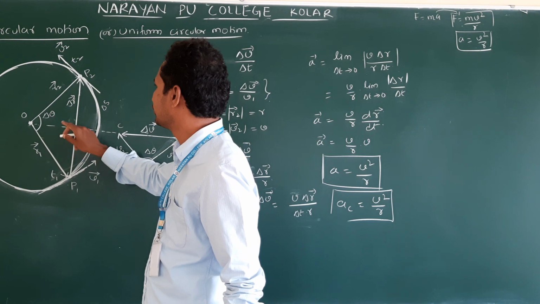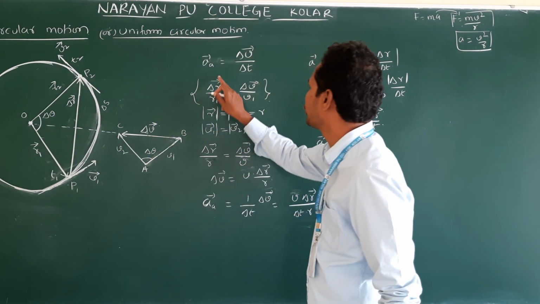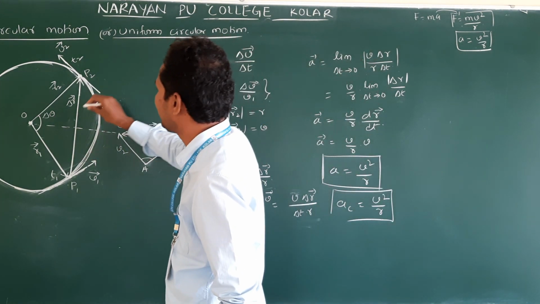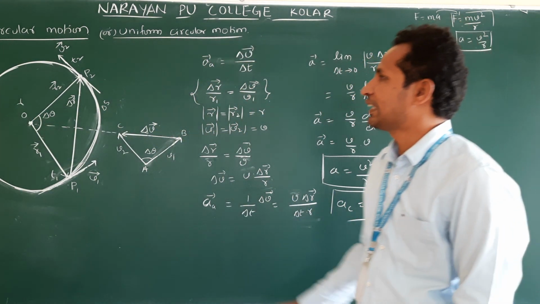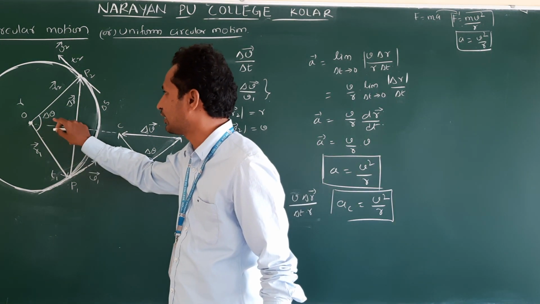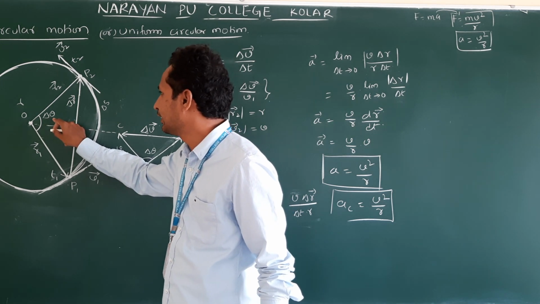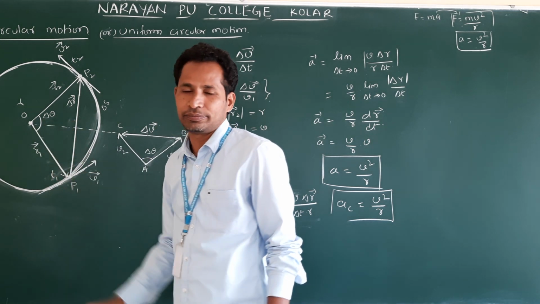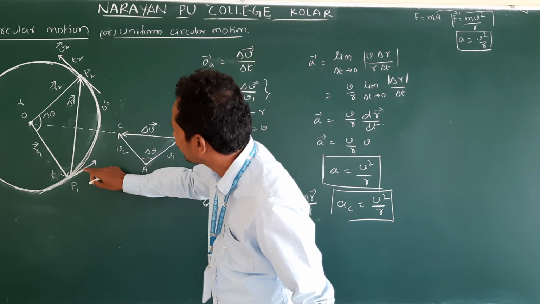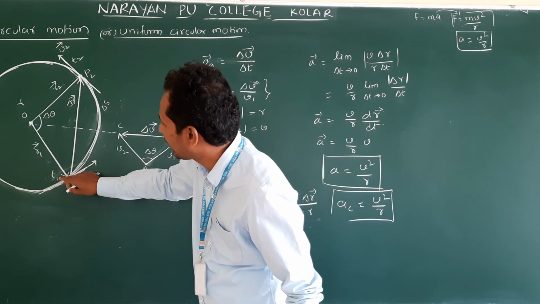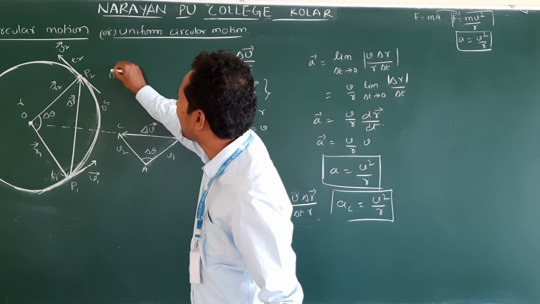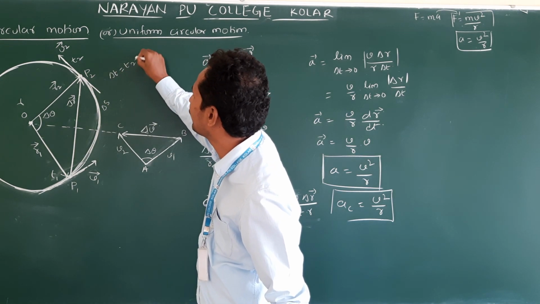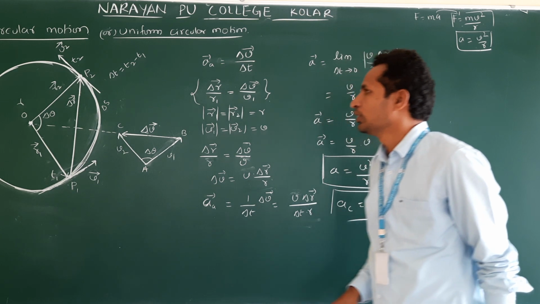Radius, generally you take the magnitude, so radius is simply R. Next, what is the angular displacement? Angle change, that is delta theta. In how much time? Time from t1 to t2, so change in time is delta t, which we write as t2 minus t1.